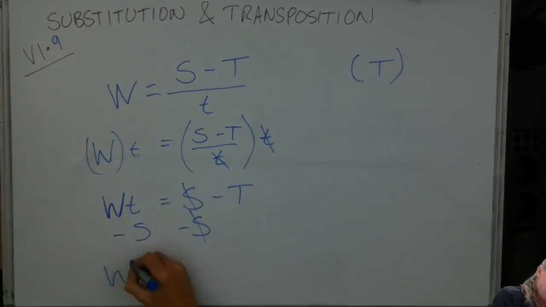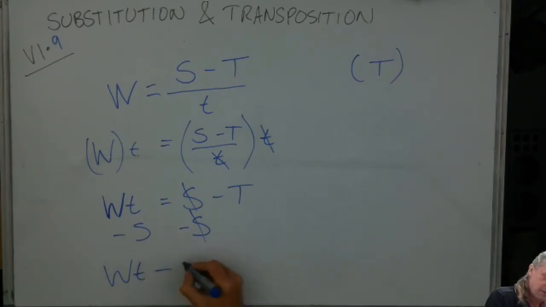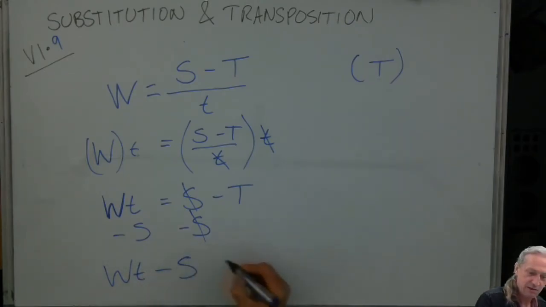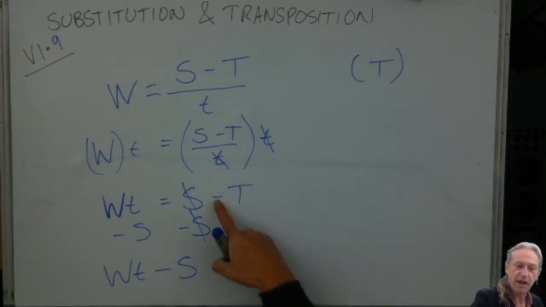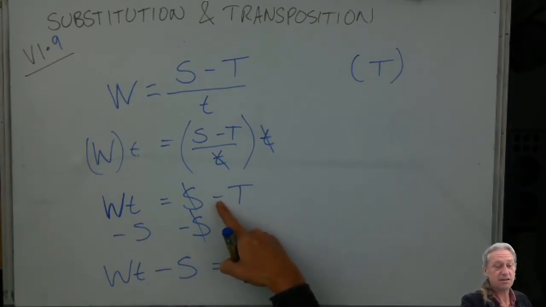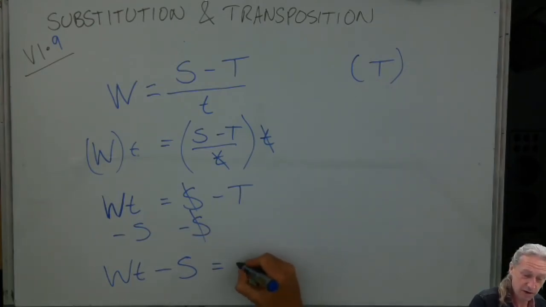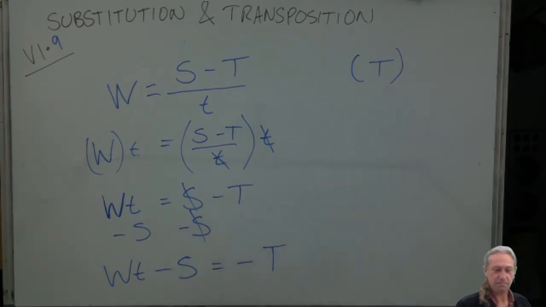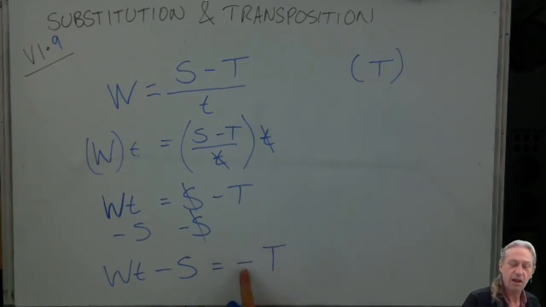So we've got Wt take away S equals, and don't forget that this is like 0 take away T. So we've still got negative T. Now when we have no number in front, that means it's like one of them. So this is like negative 1 multiplied by T.